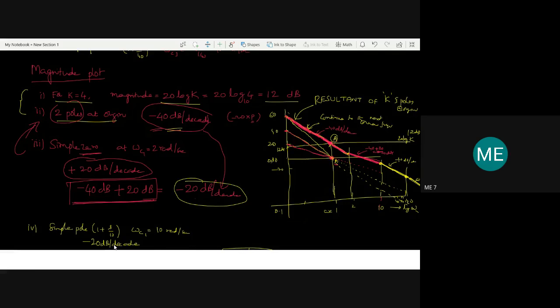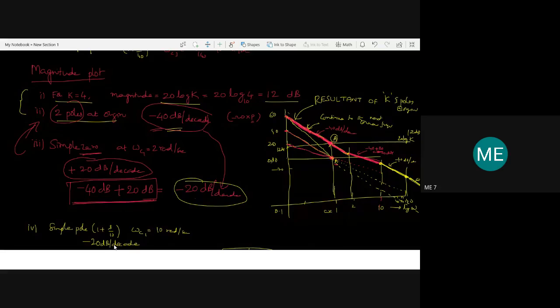Now what I have to do is shift this point A, which is at the 0 dB line and omega equal to 1 line, onto the 20 log K line. After shifting this point, we need to draw a resultant line.